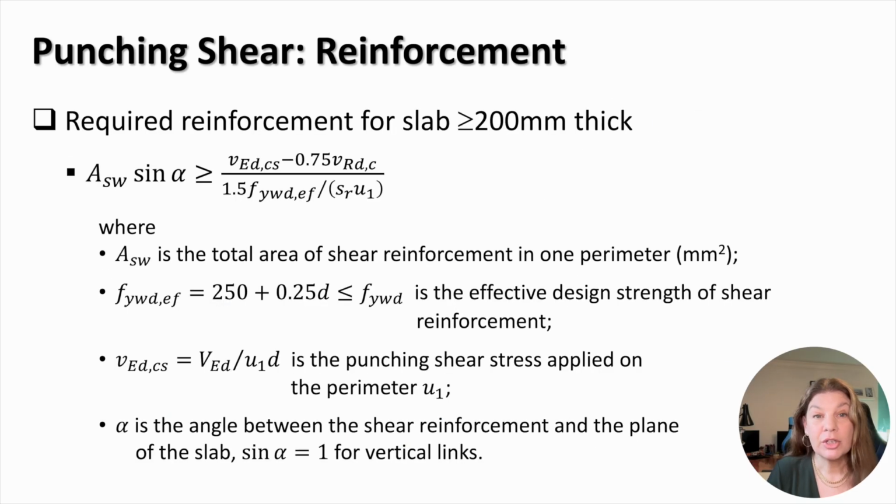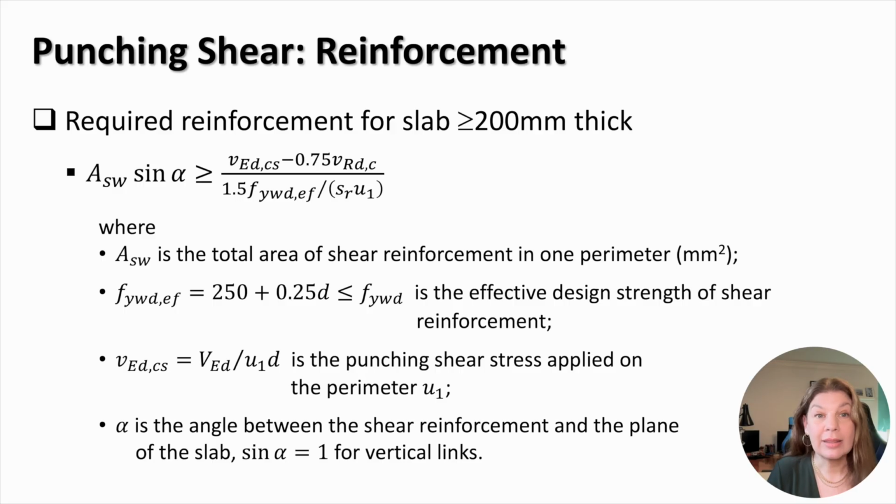The area of punching shear reinforcement ASW required within a certain perimeter U1 around the loaded area is calculated based on the applied punching shear stress VEDCS, the radial spacing of links SR, and the effective design strength of shear reinforcement. Note that punching shear reinforcement can be inclined and arranged across the punching shear failure surfaces.